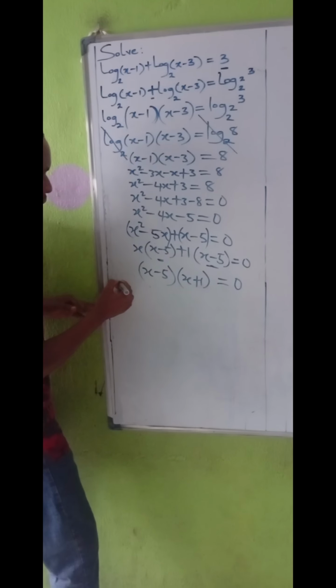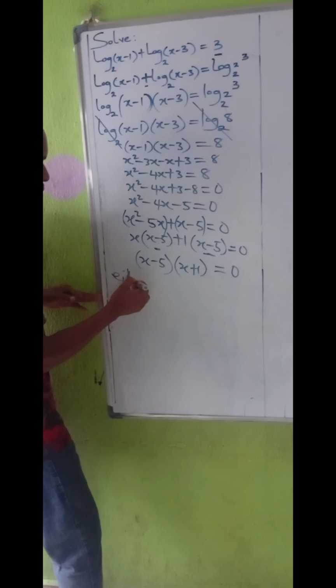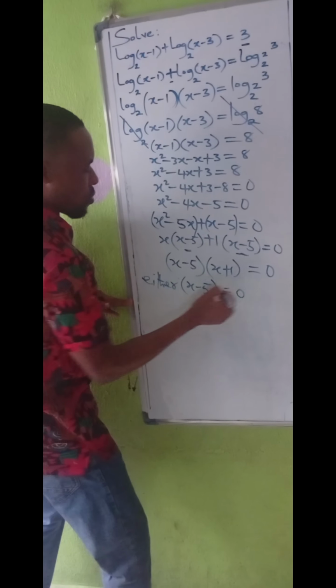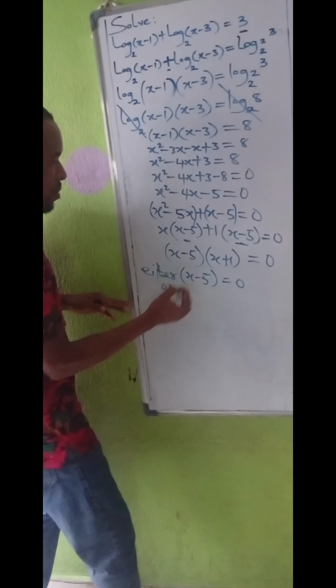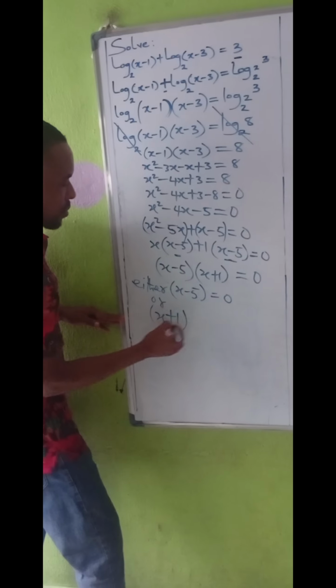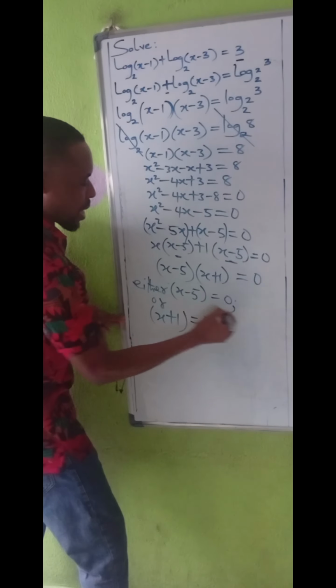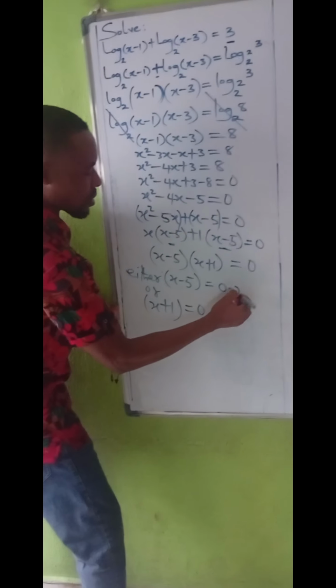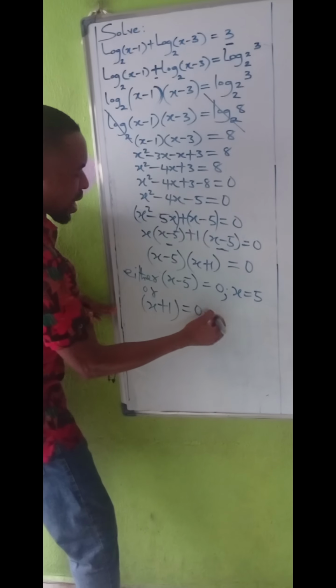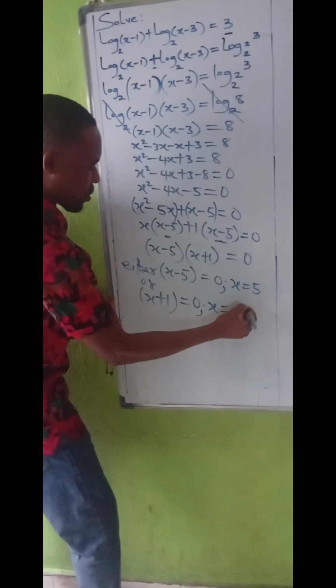Now this means either x minus 5 is equal to 0 or x plus 1 is equal to 0. If x minus 5 is equal to 0, x is equal to 5. If x plus 1 equals 0, x is equal to minus 1.